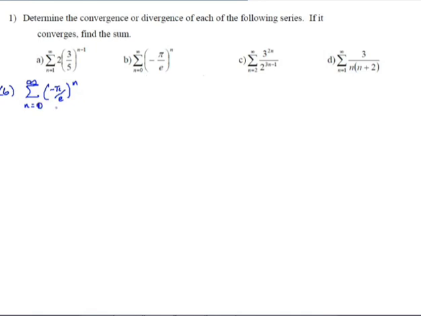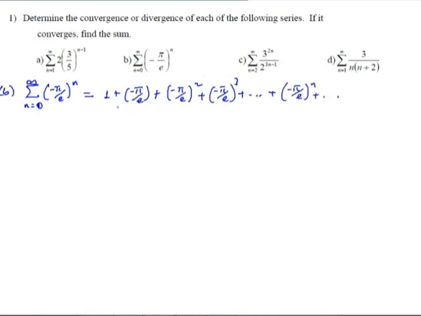I think this is starting from 0. So the first term becomes minus pi over e to the power of 0, which is 1. The second term is minus pi over e. Okay, the third is minus pi over e squared, and then 0, 1, 2 ያለን ስንሄድ የምናገኘው expansion ይሄን ይመስላል. So minus pi over e to the power of n and so on.